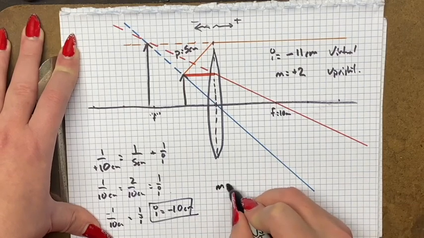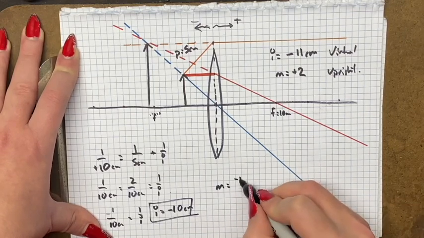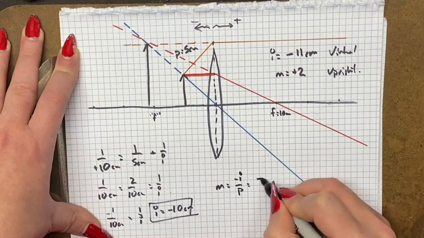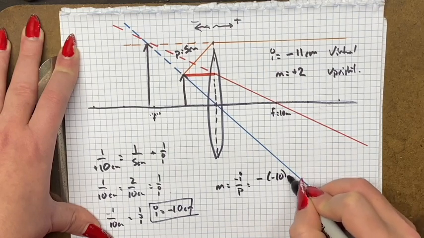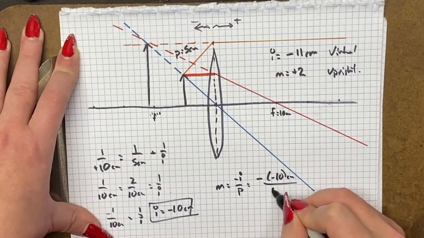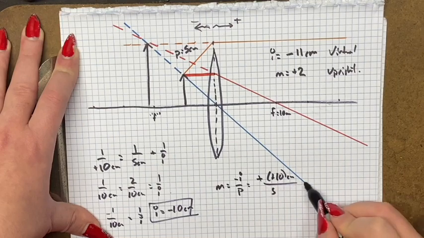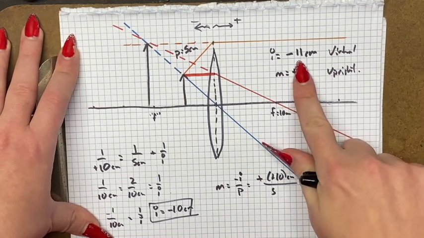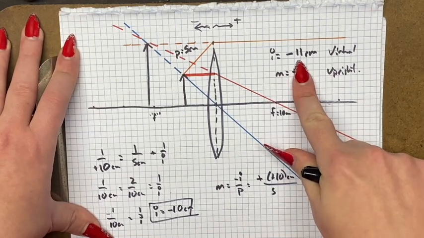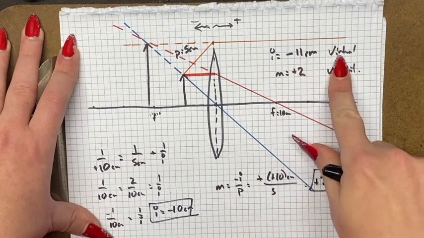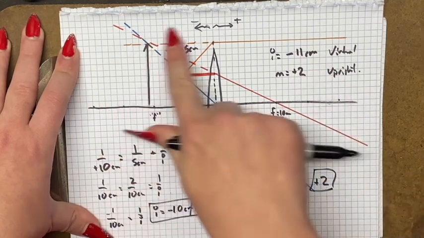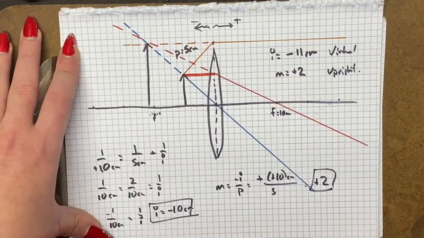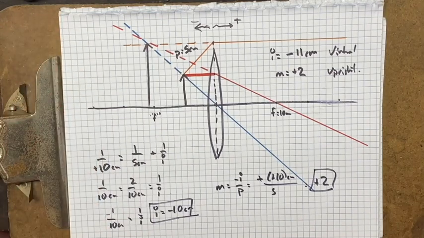And the magnification should be minus I over P, minus -10 over 5. And again, this shows the weaknesses in the picture. It's not great for getting quantitative numbers, but it is good for qualitative things. Virtual, upright, roughly where in the picture is it. These are to help you catch sign errors.